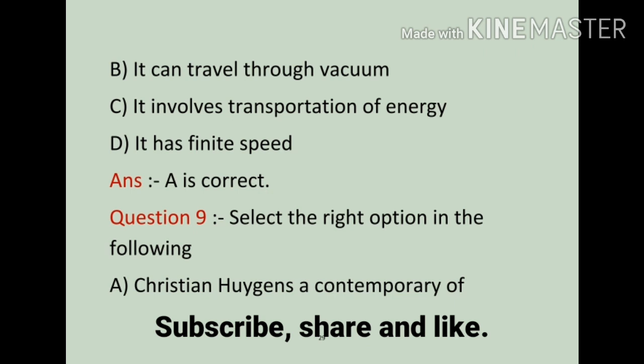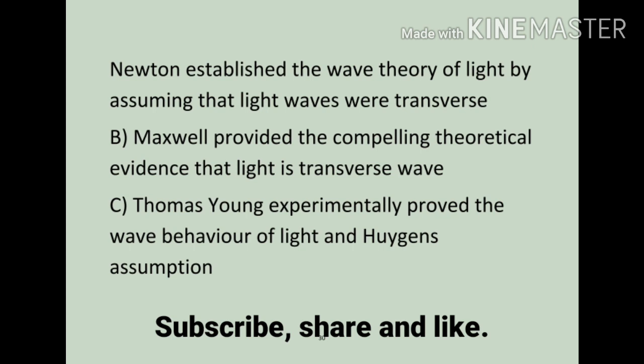And question 9. Select the right option in the following. Option A, Christian Huygens, a contemporary of Newton, established the wave theory of light by assuming that light waves were transverse. And option B, Maxwell provided the compelling theoretical evidence that light is a transverse wave.